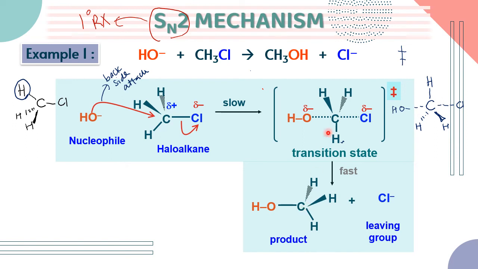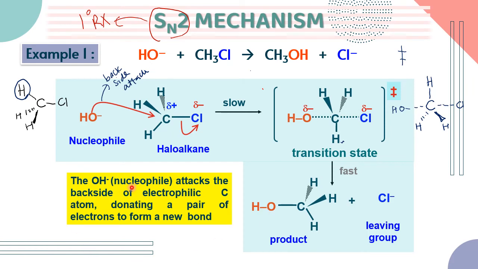And then yang carbon hydrogen bond ni pun akan tertolak juga ke sebelah kanan. So you will get another tetrahedral shape dekat sini. OH ni, letak OH biasa saja pun dah cukup. I mean you don't have to show the oxygen hydrogen bond dekat sini. Just put as OH. But the carbon must be bonded to oxygen.